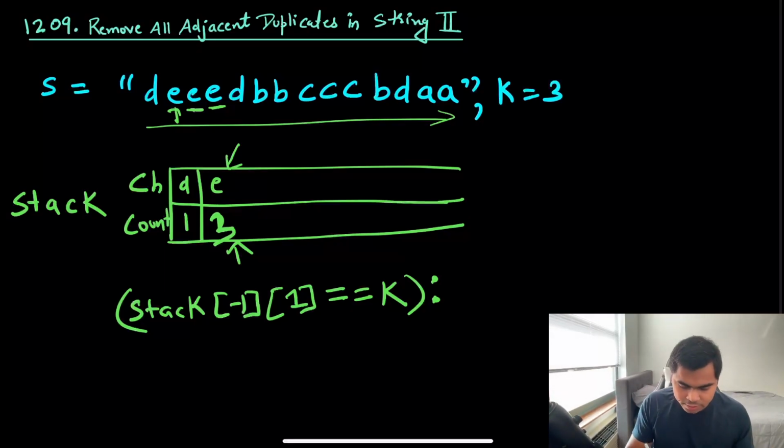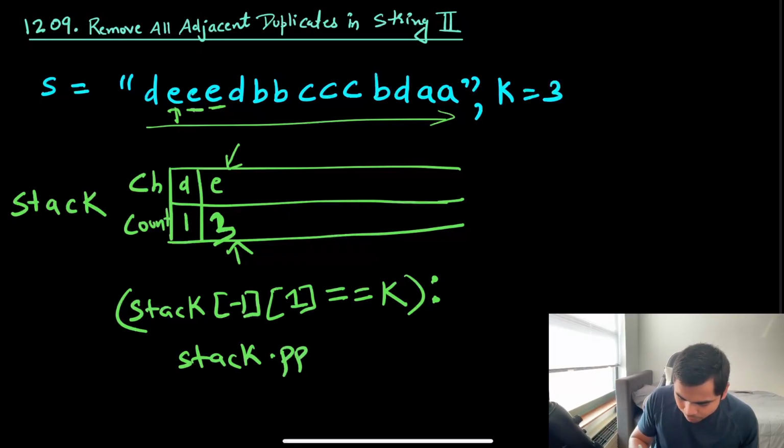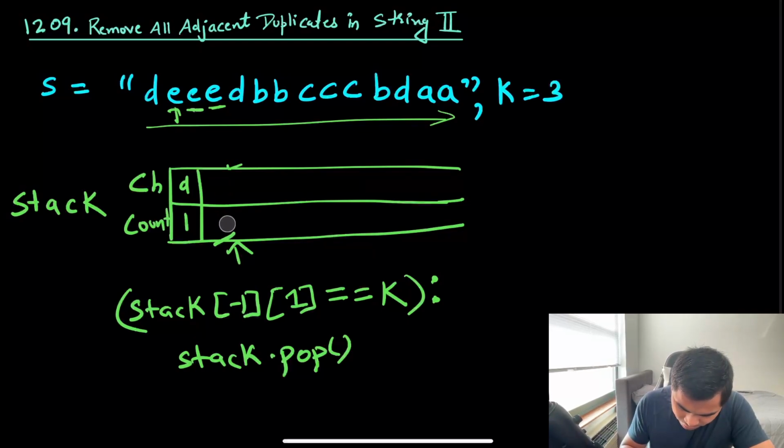So I will do stack dot pop. I will remove E and its count from here. Then I'll continue going over my string.